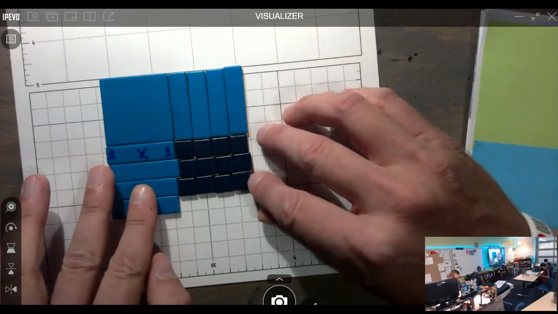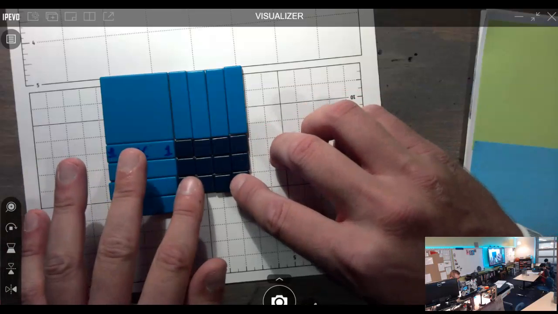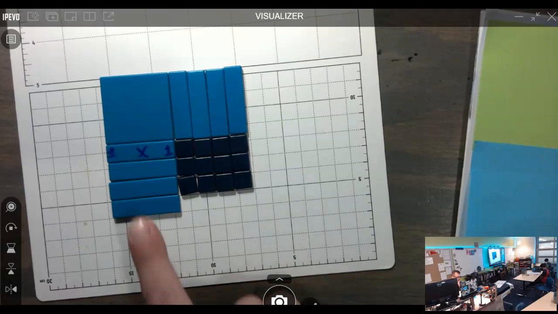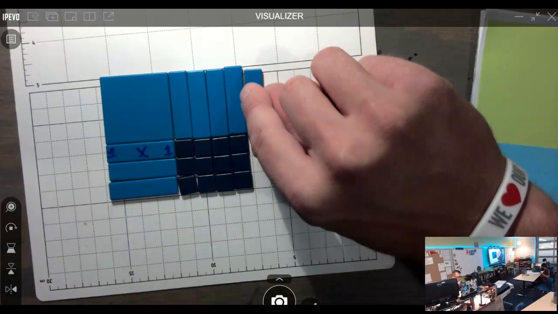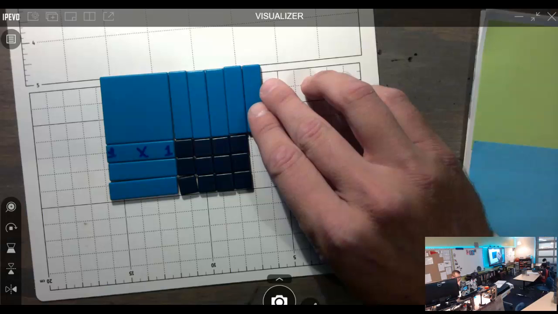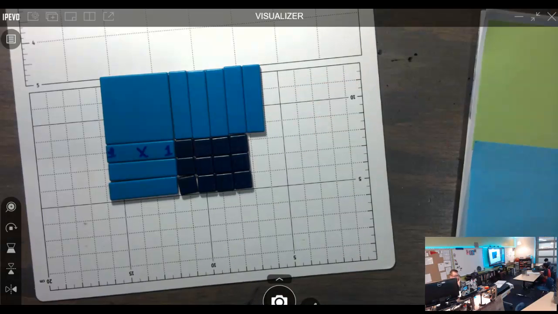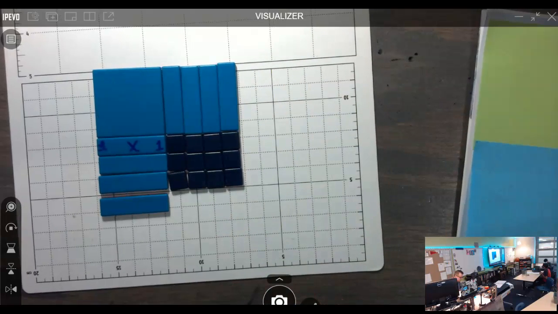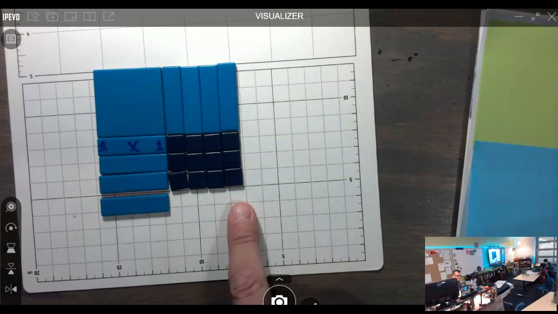Is there a better way to do this that we could actually line up? Even if I move this over, I'm still missing. Well, now I'm only missing 3. Ooh, I was missing 4. Right here, I'd be missing 4.